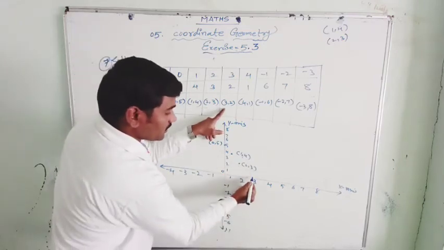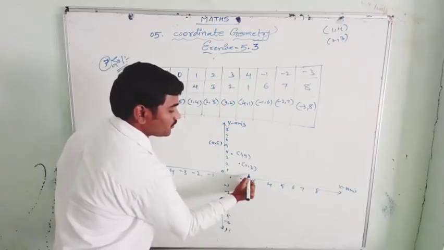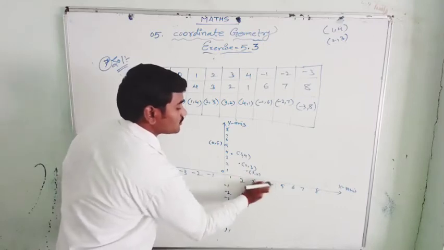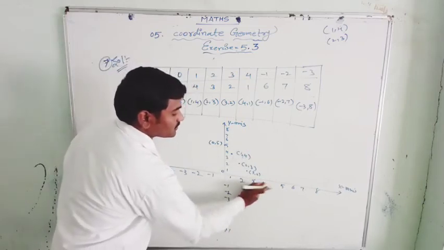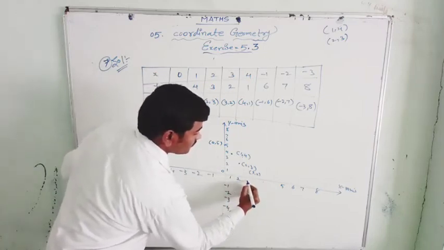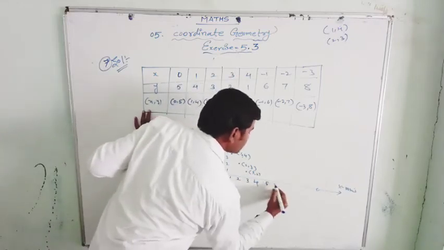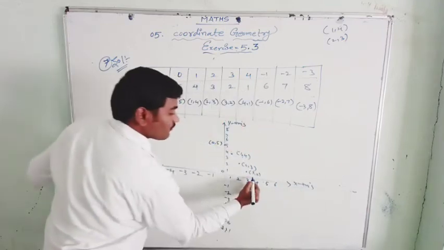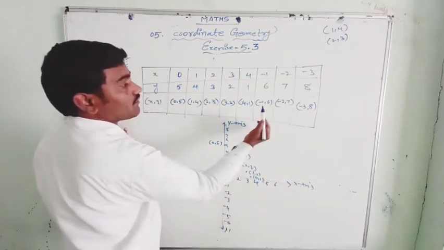Next (3, 2), here the point should be (3, 2). Next (4, 1). This should be at equal distance actually: 1, 2, 3 and 4, 5, 6 on the x axis. Okay, (4, 1).